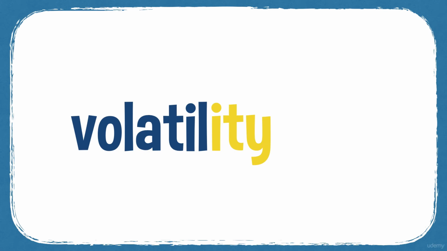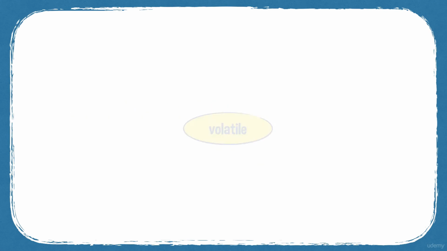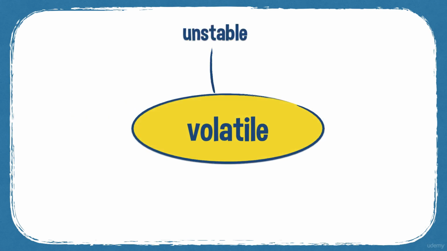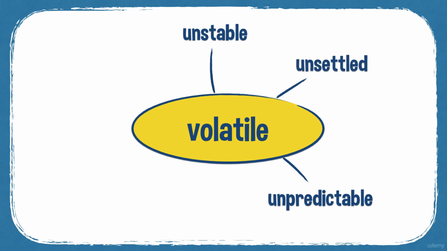Volatility. So volatile, volatility. And some synonyms for volatile: unstable, unpredictable, unsettled, fickle. Fickle is often something you use for people.